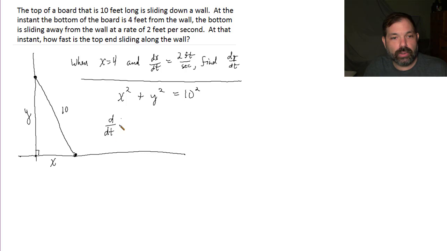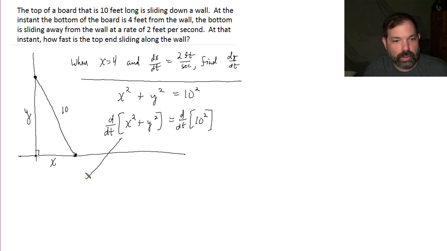So then I'll differentiate with respect to t. d/dt of x squared plus y squared would be, implicitly, 2x times dx/dt plus 2y times dy/dt. And 10 squared is 100, so its derivative with respect to time is 0.